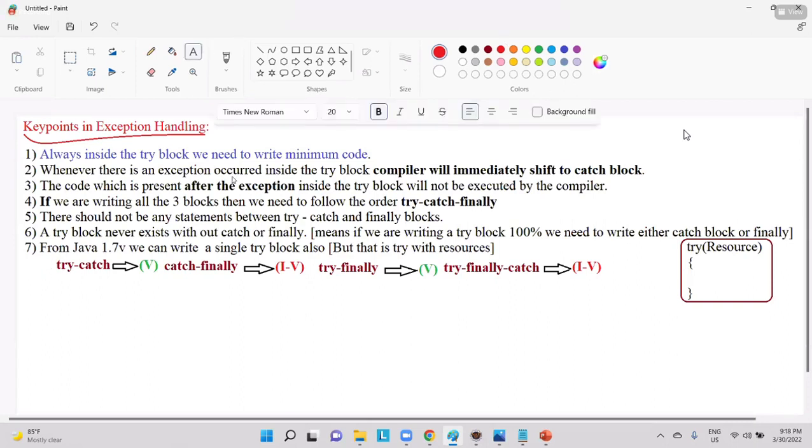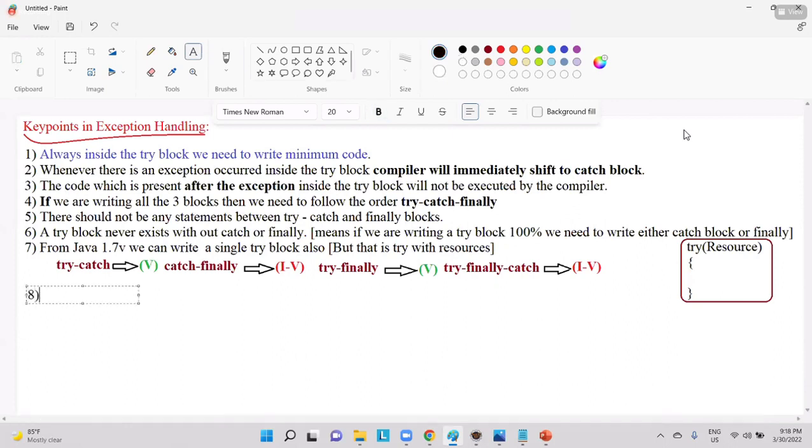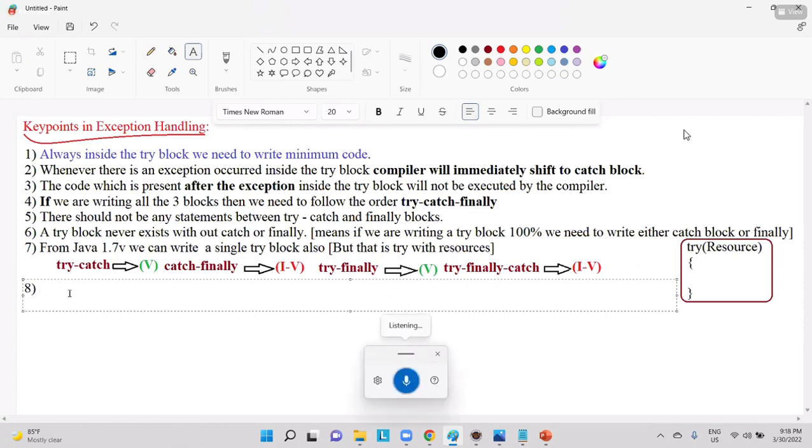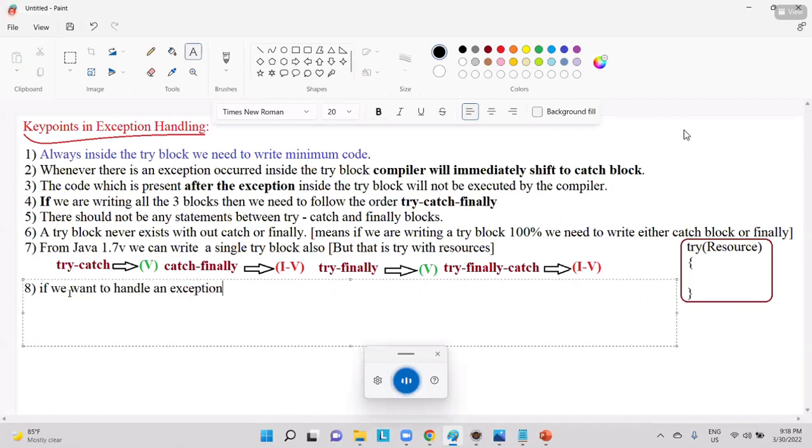Right. Now, point number 8. If we want to handle an exception, 100% we need to write catch block.